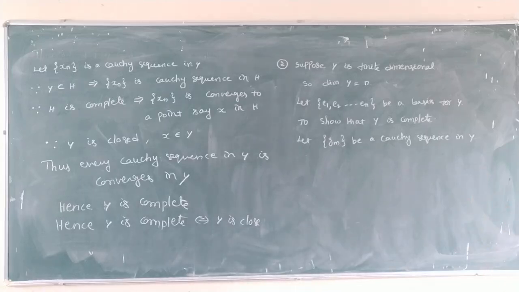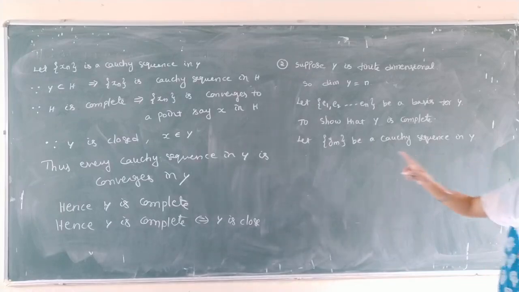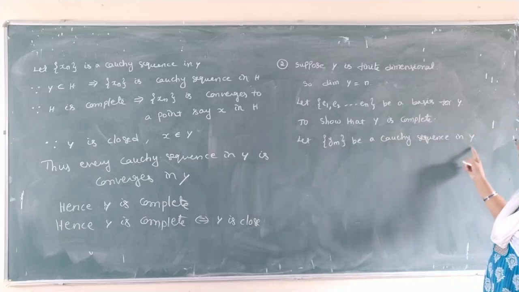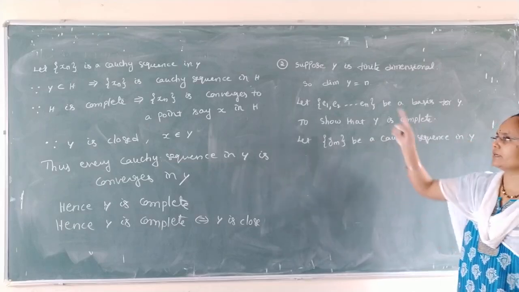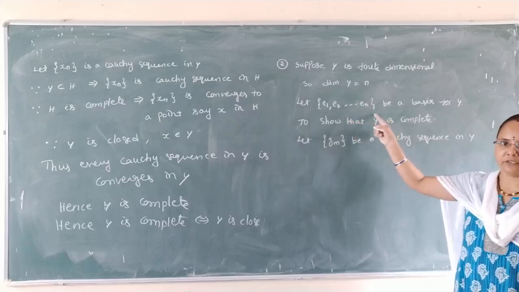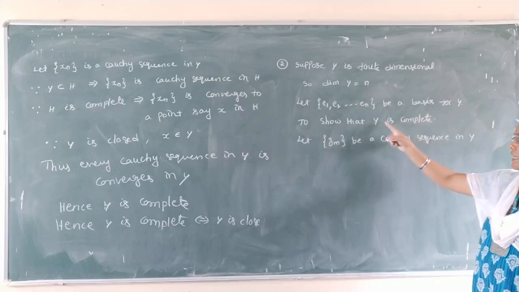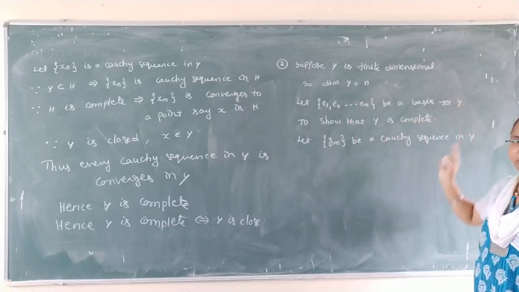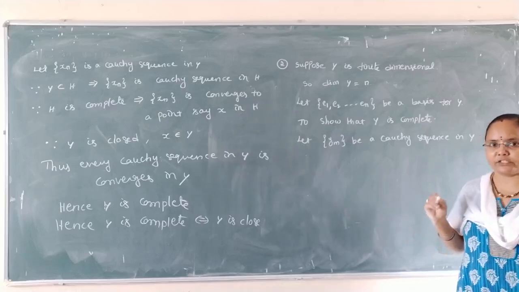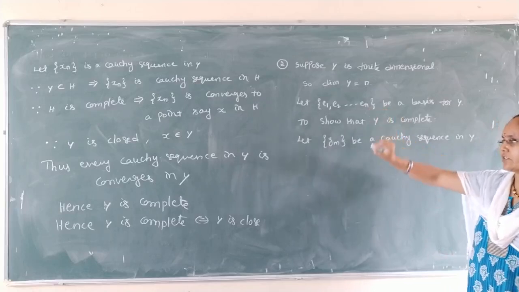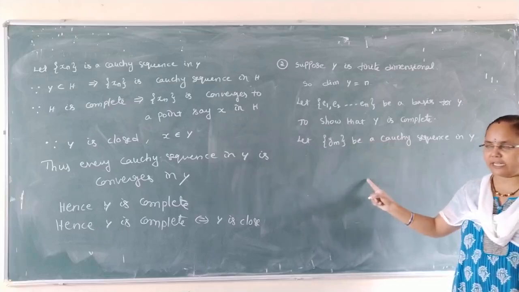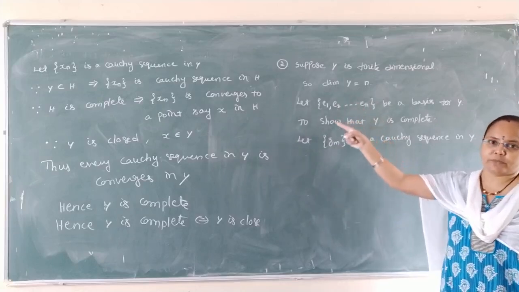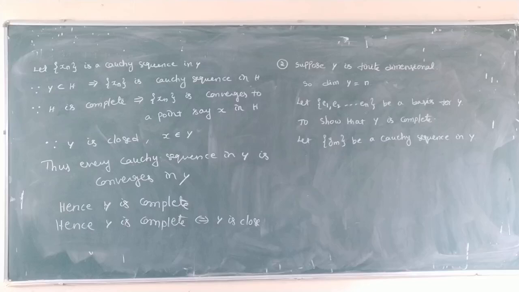Y is already having the basis, meaning each element of Y can be uniquely expressed as a linear combination of the elements of this basis. So every element of Y can be uniquely represented as a linear combination of the basis elements. Here the elements of Y are ym, so ym is written as a linear combination of these basis elements.